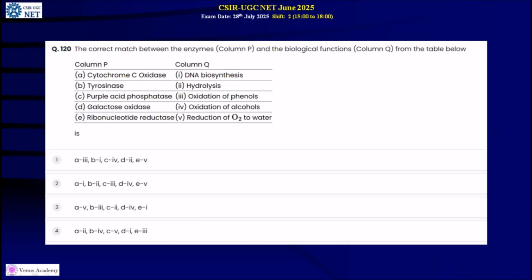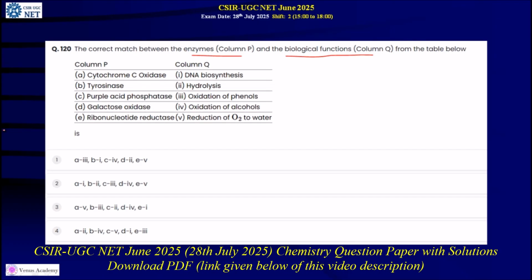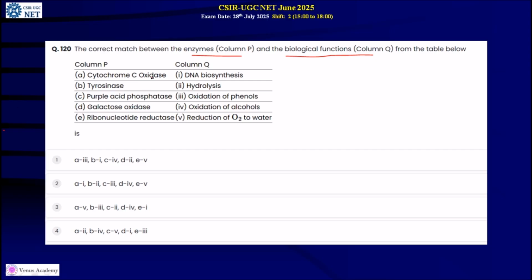Next, question number 120. The correct match between the enzymes in column P and the biological functions in column Q from the table below is given as. Cytochrome C oxidase does reduction of oxygen to water.